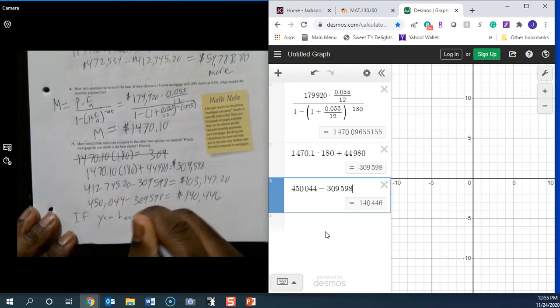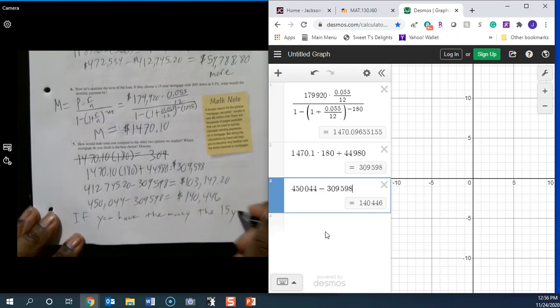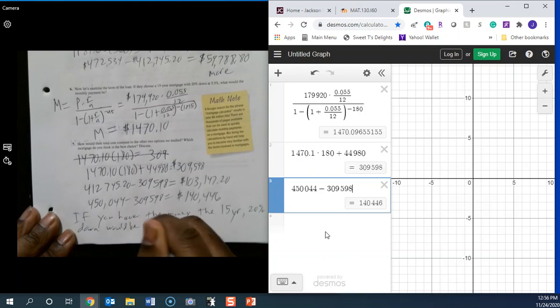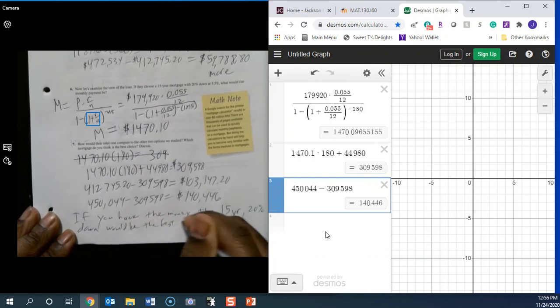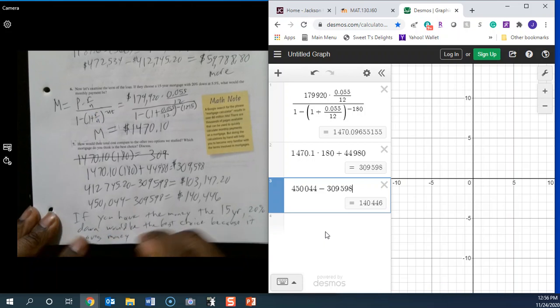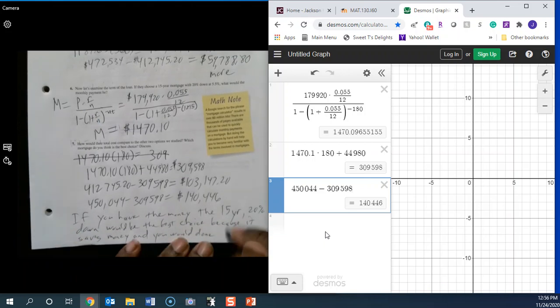Now, this question that's asked about what is the best choice, that's kind of subjective, because if you have the money, the 15-year 20% down would be the best choice because it saves money and you would be done 15 years earlier.